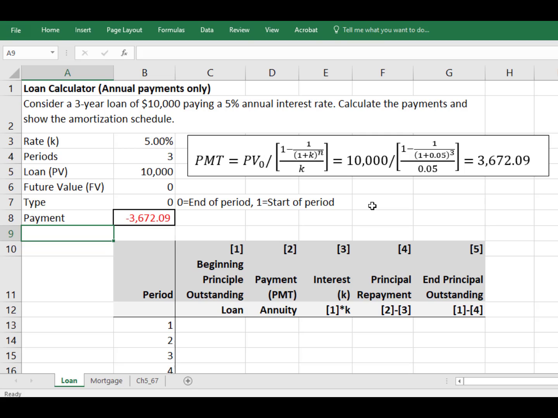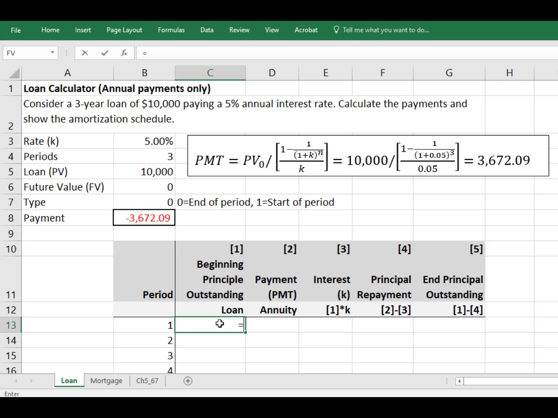Okay. So that tells us how much the payment is, but you may want to build an amortization table showing you how much of each payment is actually interest and how much is principal. So here we have our amortization schedule over 3 periods with the beginning amount, the end amount, the fixed payment, which is an annuity, plus the interest portion and the principal repayment.